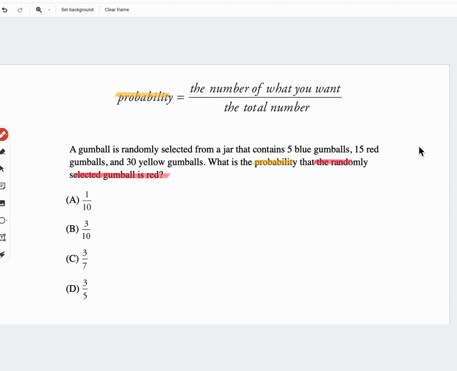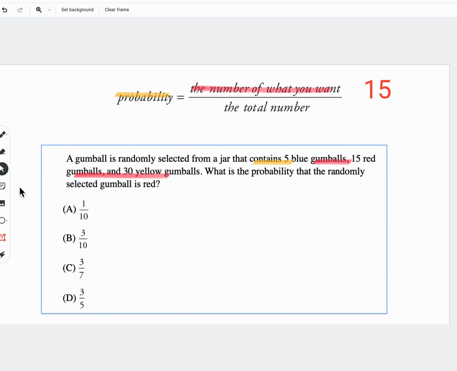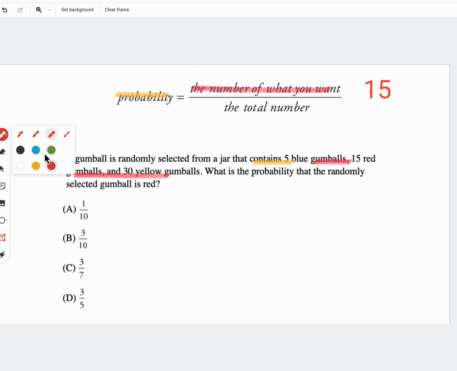Now here the question is asking for the probability that a randomly selected gumball will be red. So the number we want will be the number of red gumballs. In this case it's 15. And the total number we will need to add.